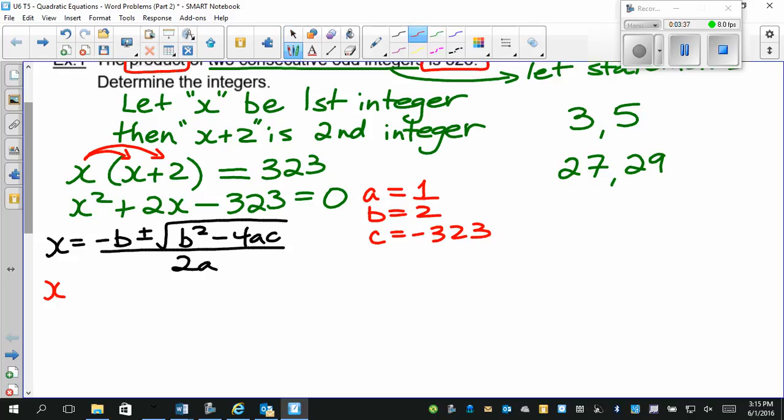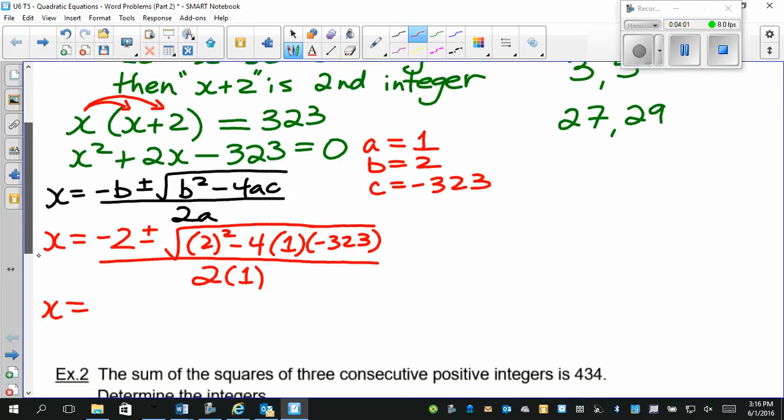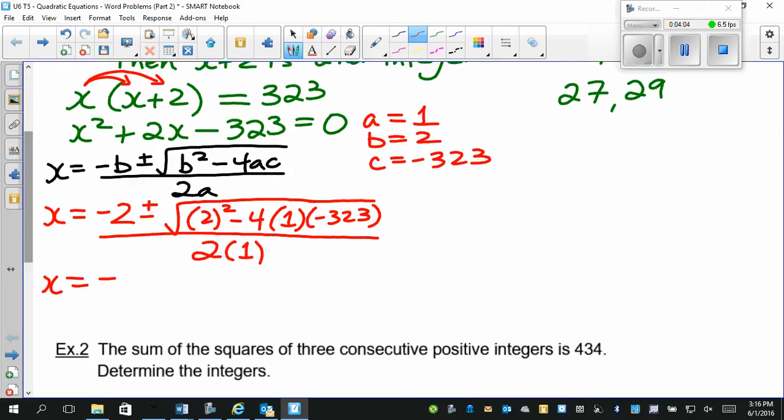So I'm going to get minus 2 plus or minus the square root of b squared, so 2 squared minus 4 times A times C, all over 2 times A. So I get negative 2 plus or minus, and then I get 1296 underneath the root sign, all over 2.